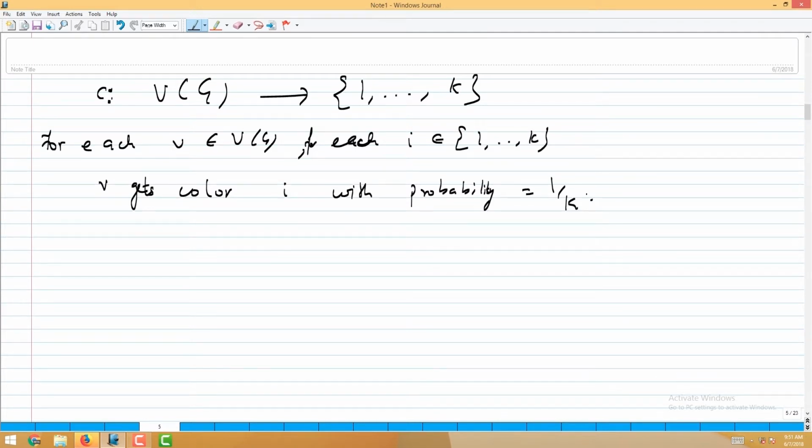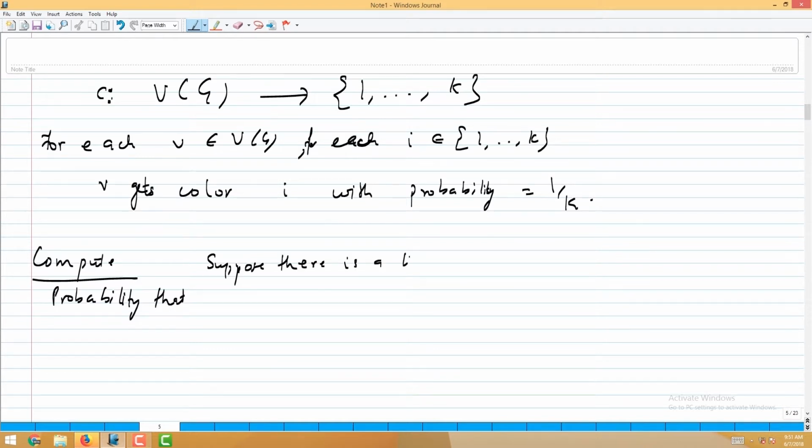And what is the goal? We want to compute the probability that, suppose there is a k path in the graph, this coloring would color this k path colorfully.